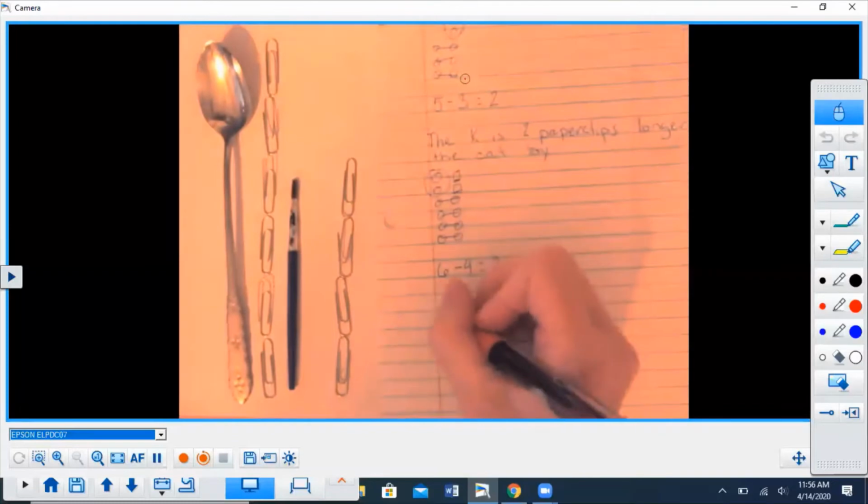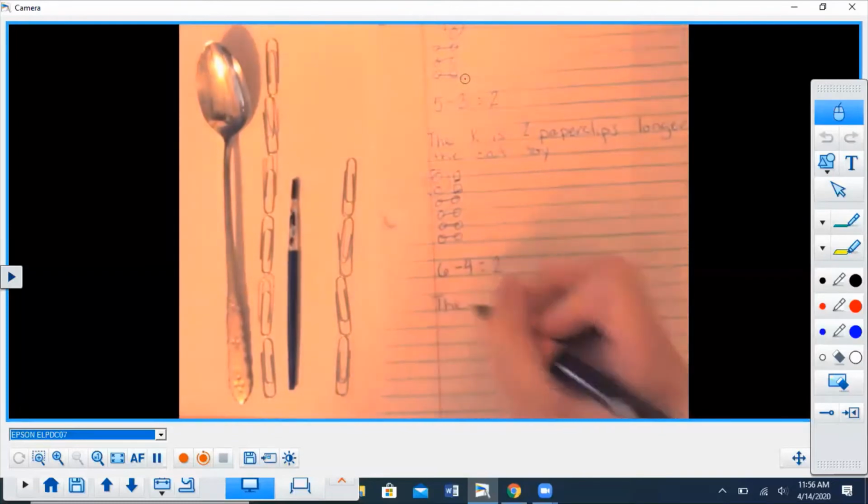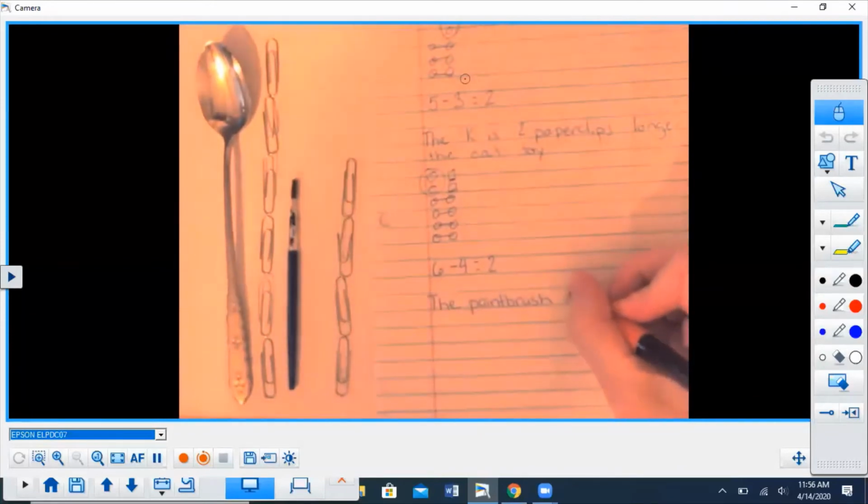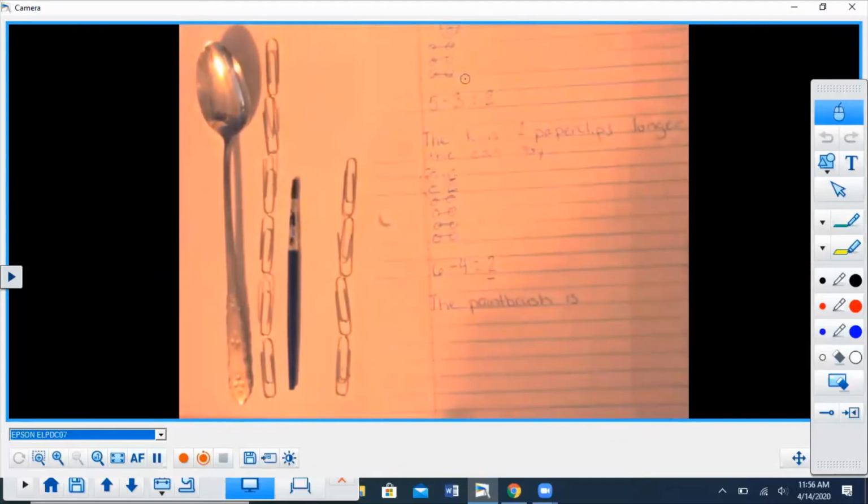Now we're starting with the shorter one. Which one's the shorter one? Yes, the paintbrush. Give me the full sentence. Wait, slow down. The paintbrush is how many paper clips shorter? It's right here too. Nice work.